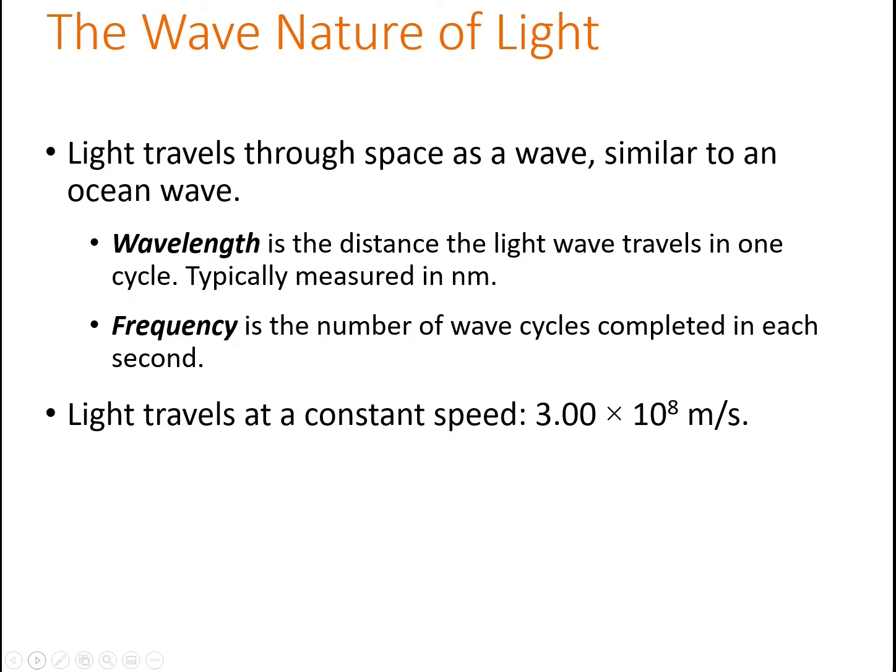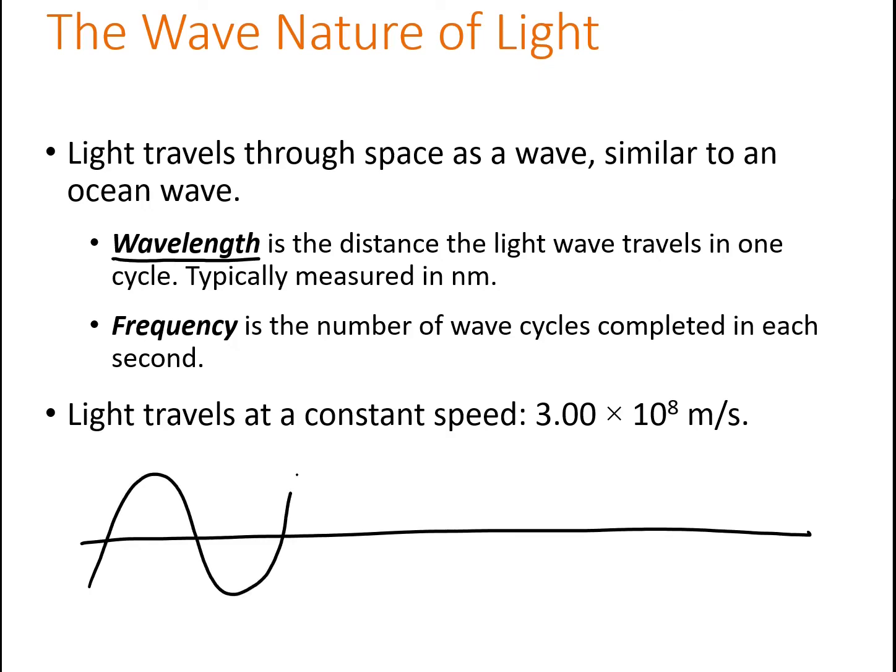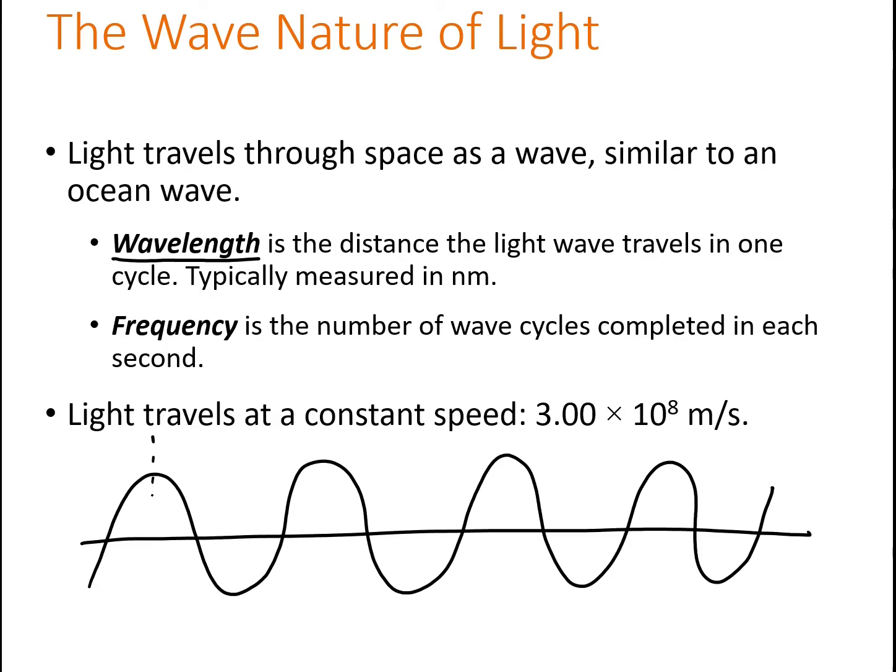So, light travels through space as a wave, and with that you have a wavelength, which is easier shown with an image. Okay, so the distance that the light travels in one cycle is the wavelength.